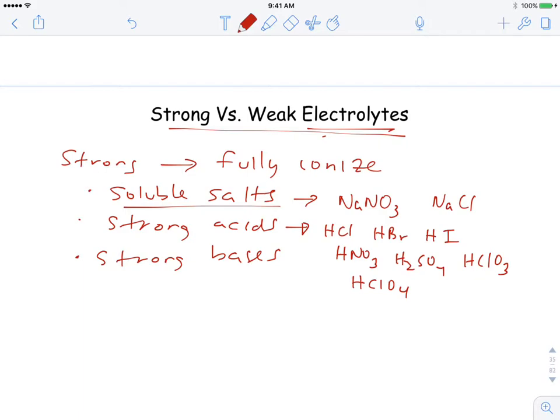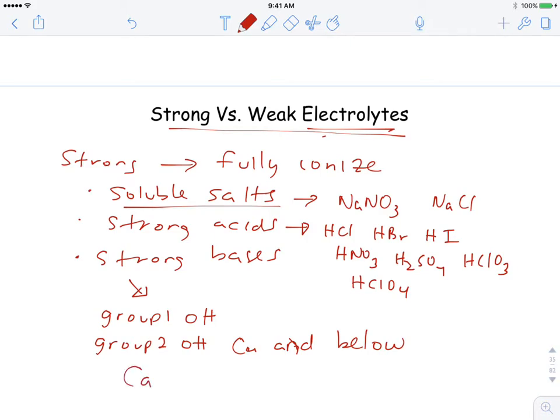The strong bases also ionize 100%. They ionize completely. They include the group 1 hydroxides and the group 2 hydroxides from calcium and below. So, for example, calcium hydroxide would be considered a strong base.